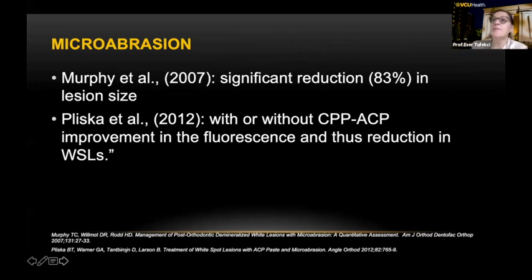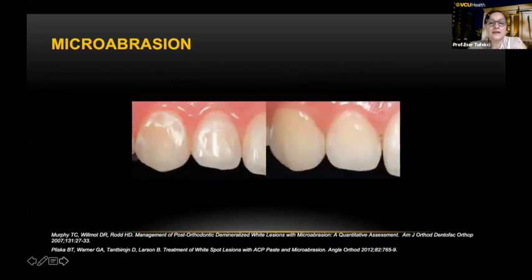Whether you use MI paste or not, they were able to show that microabrasion improved the aesthetics and reduced the size of white spot lesions. So this might be a technique that we may use to improve aesthetics. Here are some photos before and after. The left side shows the lesions, and on the right side, the lesions are not that visible.